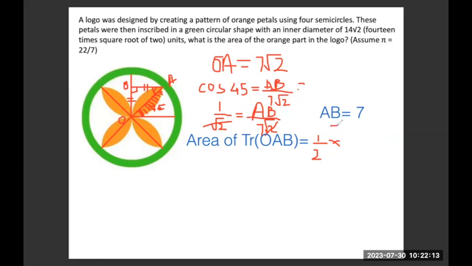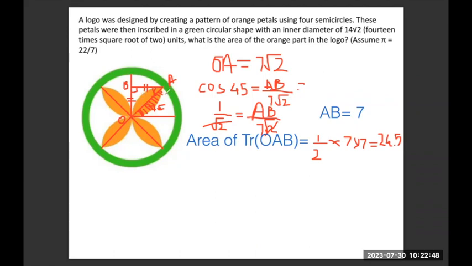So it will be 7 into 7. AB is 7 and OB is 7. So the area of that triangle will be equal to 7 into 7 is 49 by 2. 49 by 2 is 24.5. Okay. Vishwa, your answer is correct. So the area of triangle OAB is 24.5.